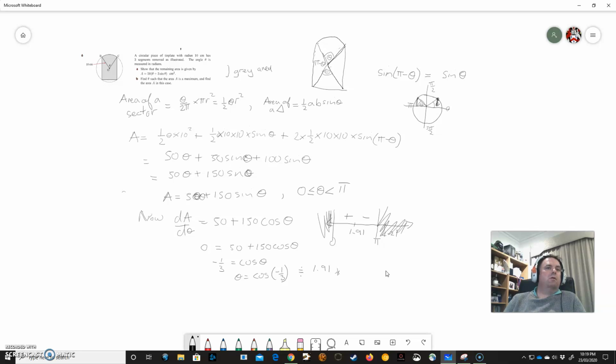And then last of all, this was part A, and this was part B, where we started to do this bit here. And then we can just sub in that value. Because the question was find theta such that A is a maximum, we've done that, and find the area in this case.